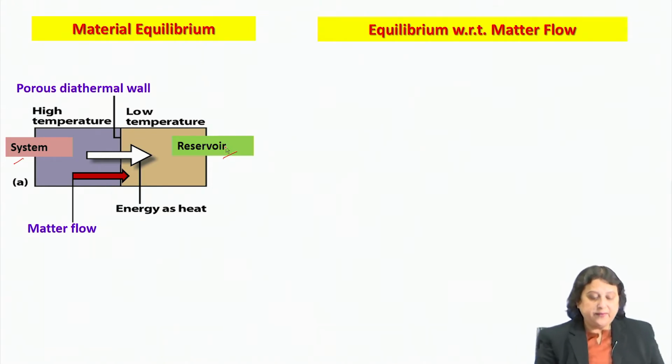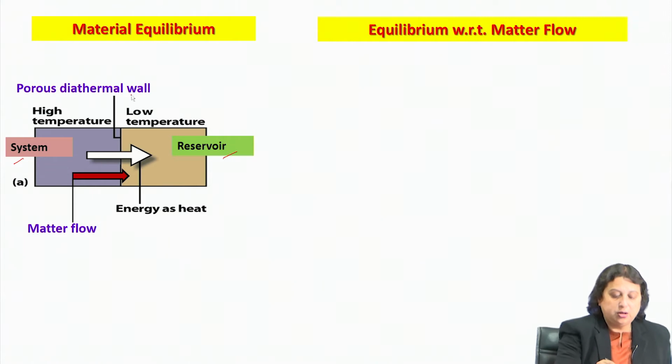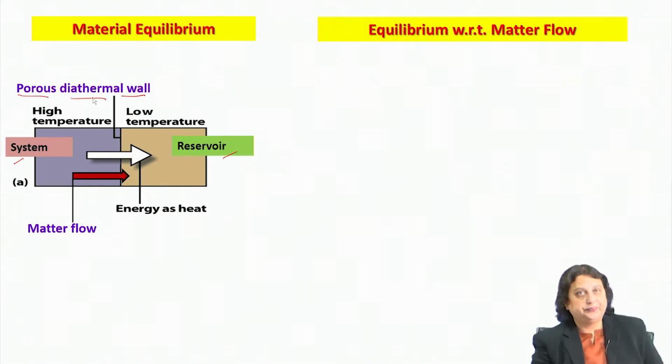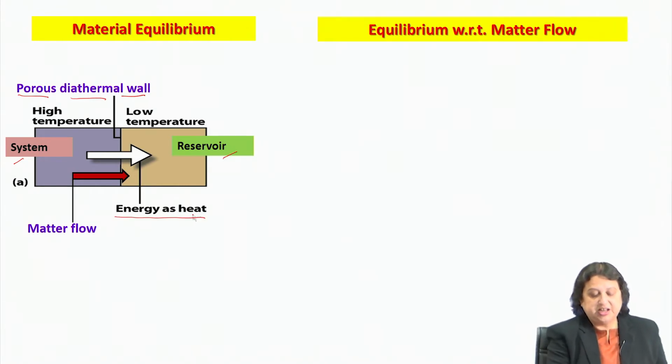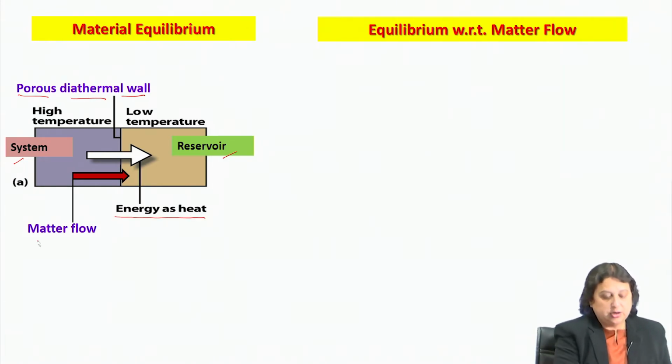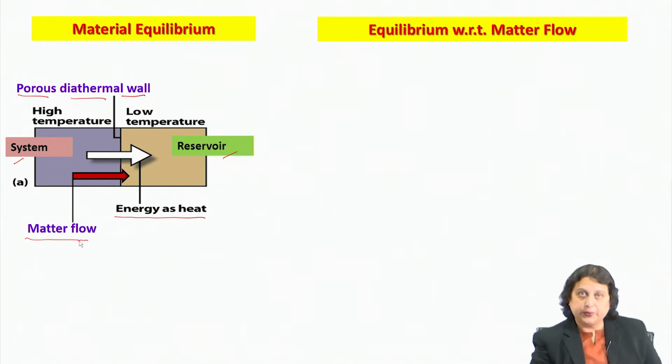But I have a separating wall which is porous and diathermal. Therefore, what are the quantities that can be exchanged between the system and the reservoir here? First, you can have exchange of energy as heat, and you can also have matter flow.